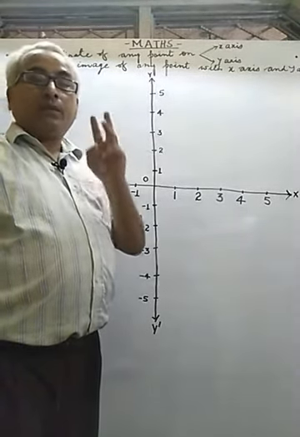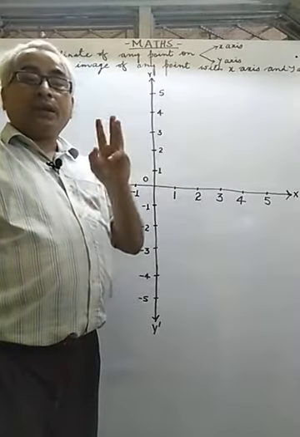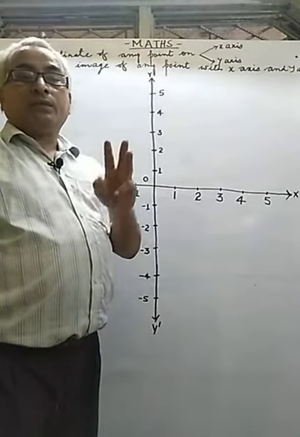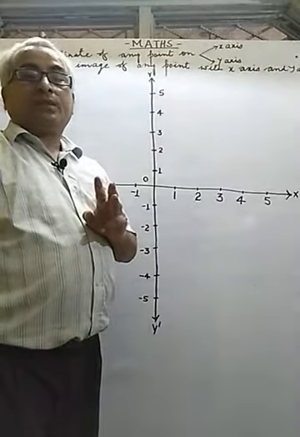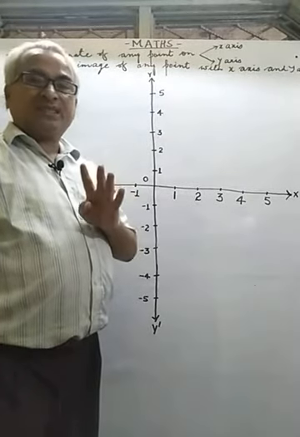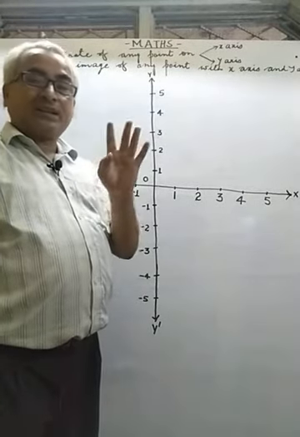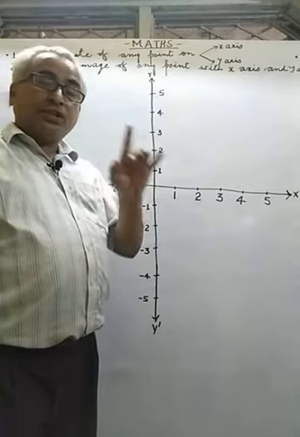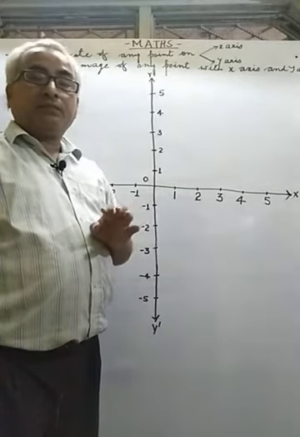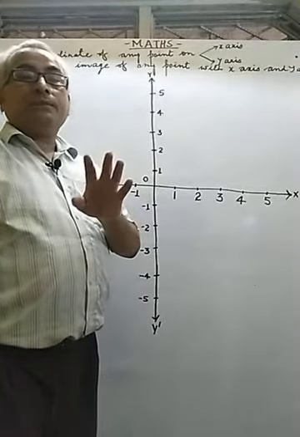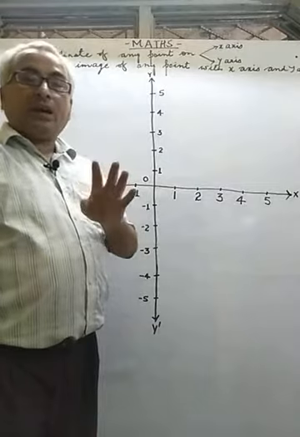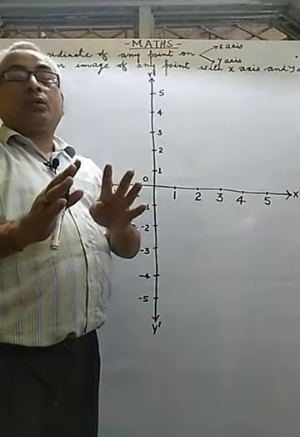Thirdly, we will talk about the area bounded by 3 points or 4 points. If 4 points are traced and these points are interconnected, we obtain a closed figure, and we have to find out the area of that particular closed figure.